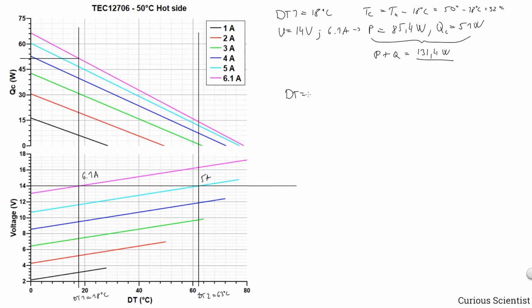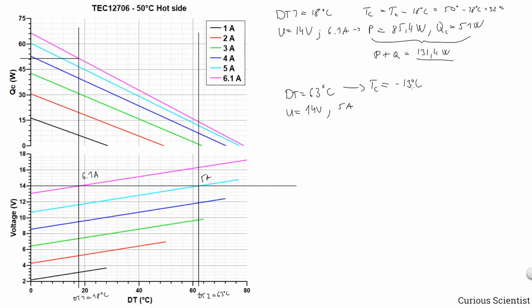So let me write it down. So this is 63 degrees Celsius. The U is still 14, but the I, so the current, is just 5. And here, the cold side is minus 13 degrees.